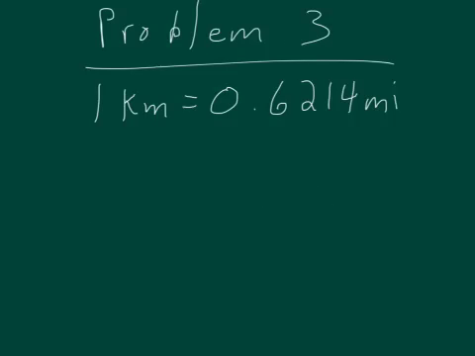All right, number 3. I'm a little concerned about how they did it in the book. It might confuse you. So, notice what they give you, just like the others. 1 kilometer equals 0.6214 miles. Then they do something weird that they didn't need to do. That next line in the book is strange. Here's how I would have written it.